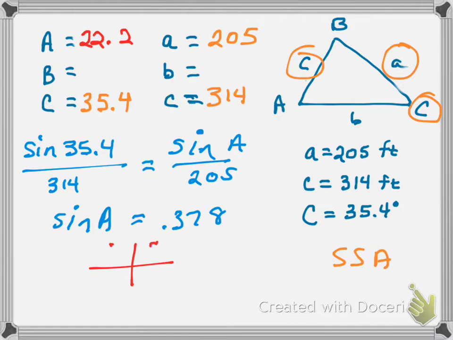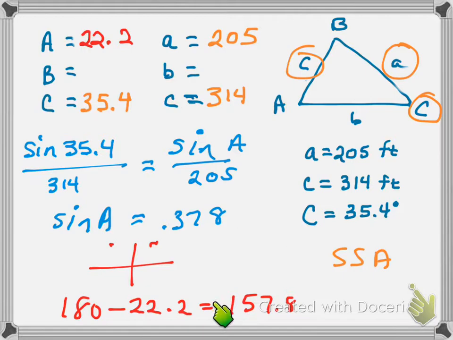There's one here and one here. The 22.2 is the reference angle. What would that be over in this quadrant? If I take 180 minus 22.2, I will get 157.8, I believe.